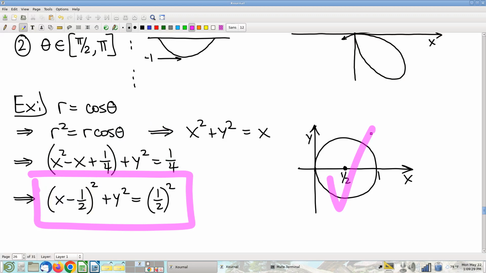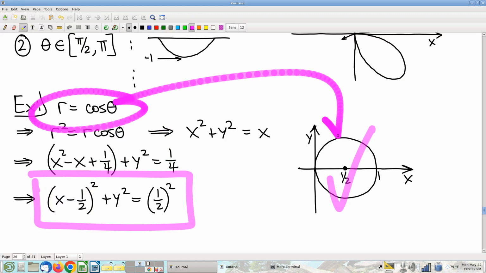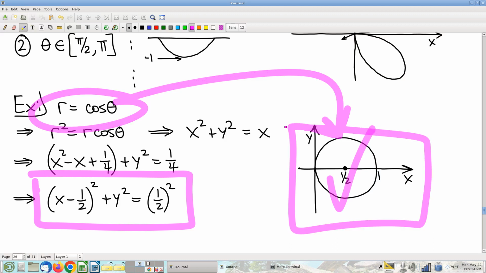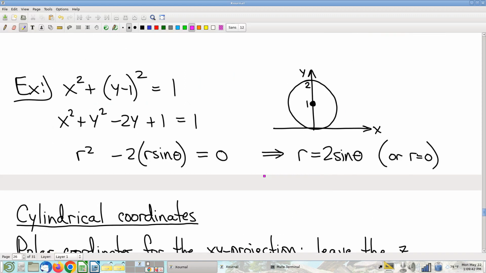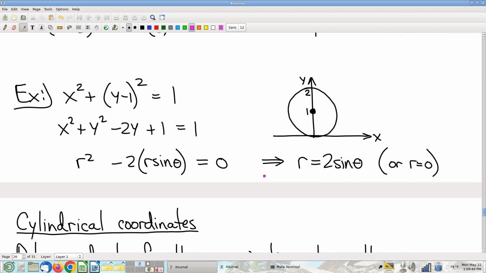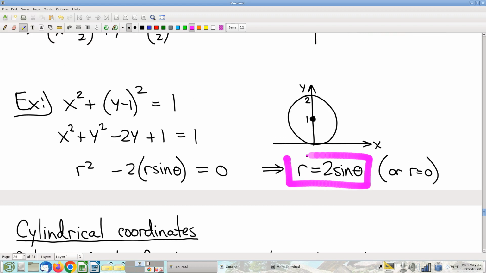So neat fact, r equals cosine theta is a circle. Very cool. Okay. Likewise, if you have sine, now I've done the algebra here in a different direction, but sine also makes a circle.